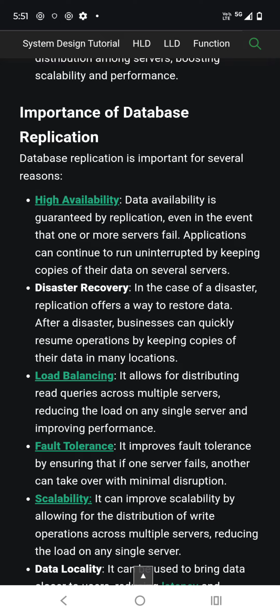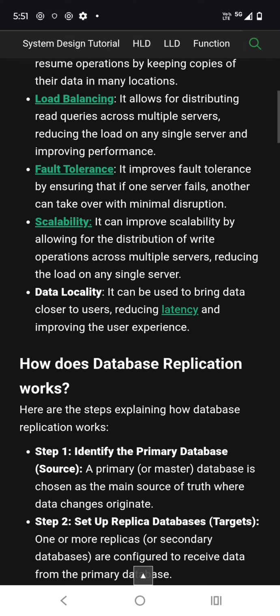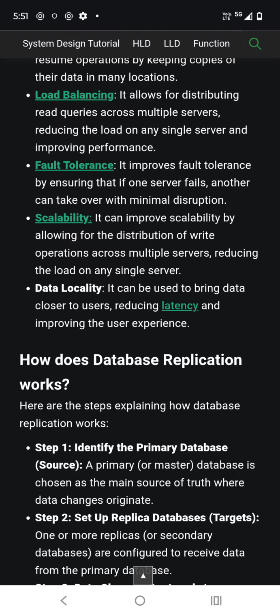If you are having many databases, availability will be very high, and fault tolerance will also be there. If any server fails, another database will serve the request. The latency is also very good, so it will reduce the latency. There won't be a high response time, so in very little time you will get a result.